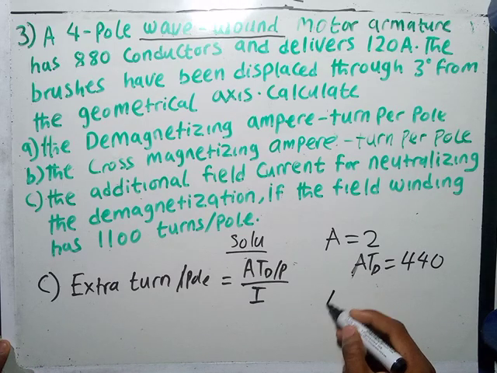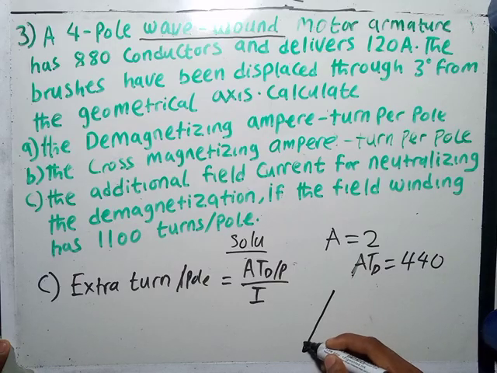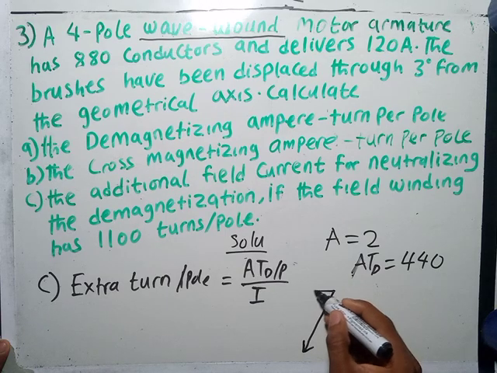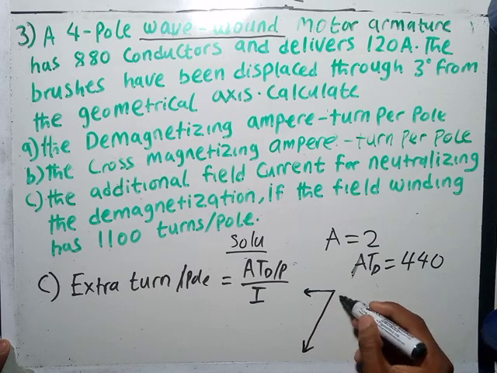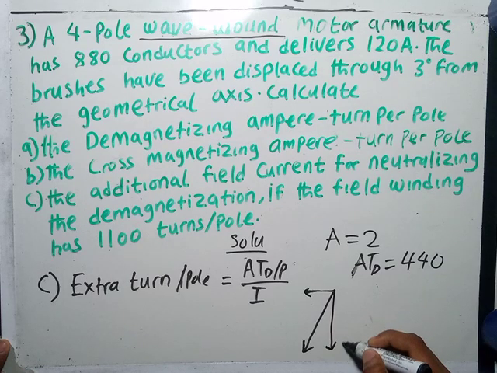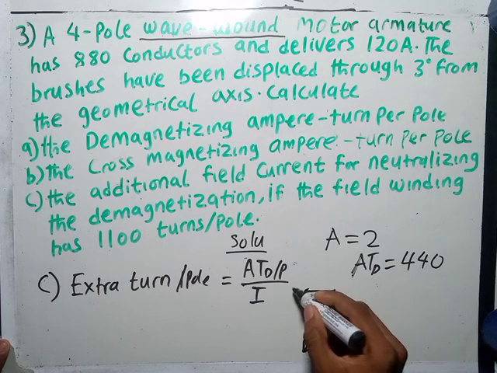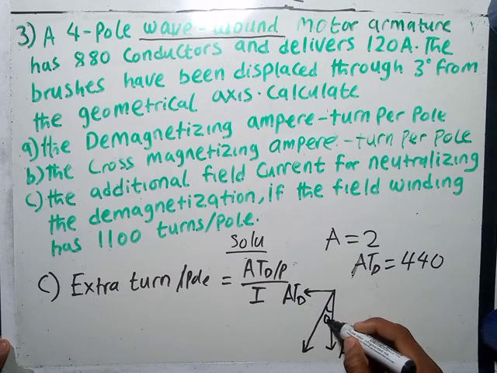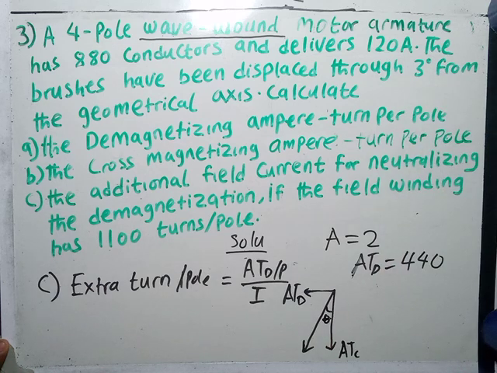Now it is normally represented as a slanted line, and if we were to find the components of it, the two components will be ATC and ATD. And here is our angle that was normally given to us. As we can see, our ATC is longer than our ATD. That is the reason why in every case your ATC must be bigger than your ATD.